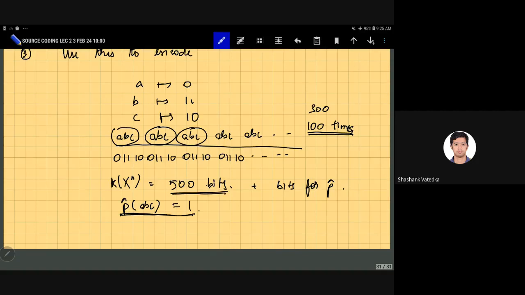But on the other hand, there is a lot of redundancy in this sequence because after all, it's just a repetition of ABC over and over again, right? And of course, for this particular sequence, there is a better representation. You just encode that ABC is repeating 100 times, and that is good enough.